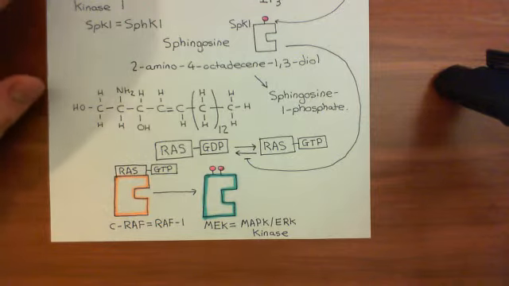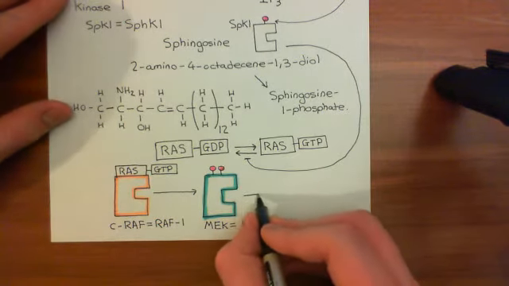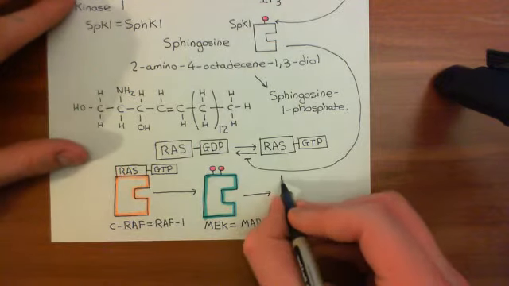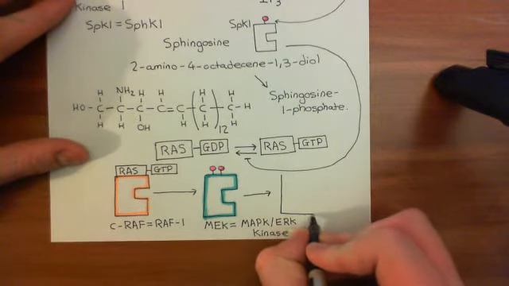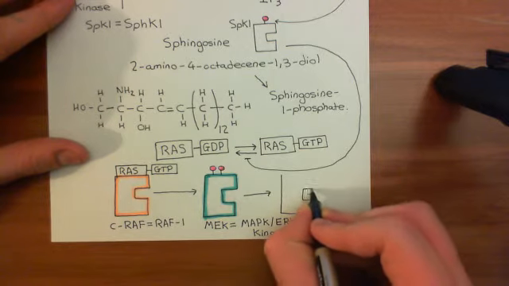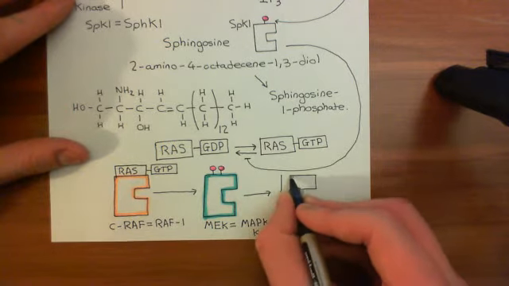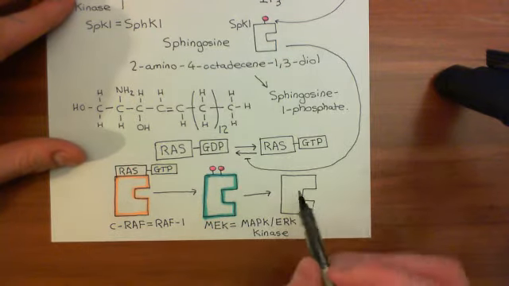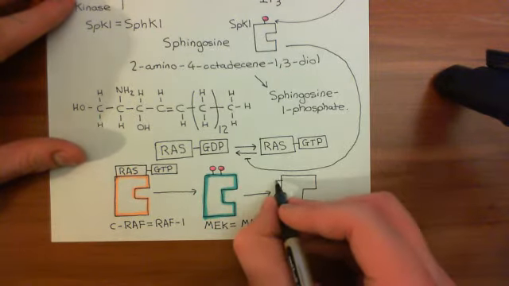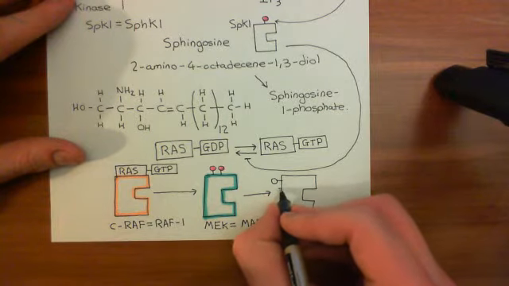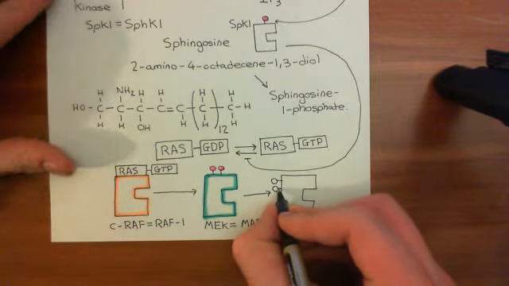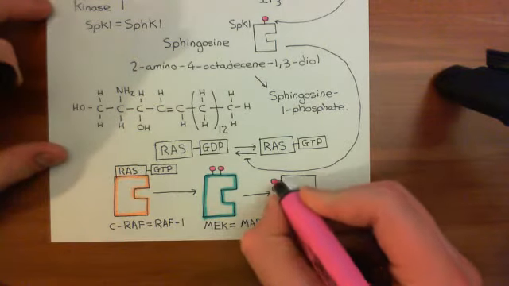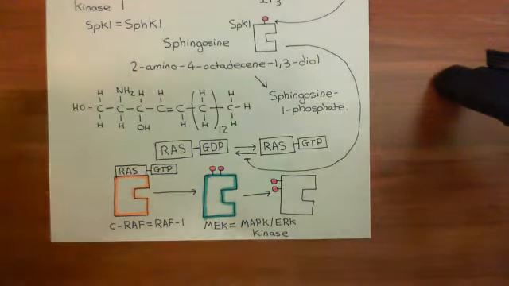Okay, so the next enzyme along then is MAP kinase or ERK. Okay, so it's now going to add 2 phosphate groups onto the next enzyme along, and this is why this is called a kinase cascade, because basically we've had kinase phosphorylate another kinase, which then phosphorylates a third kinase. And one of these phosphate groups will be onto a threonine residue, and the other will be onto a tyrosine residue. Okay, so what's this final enzyme called?